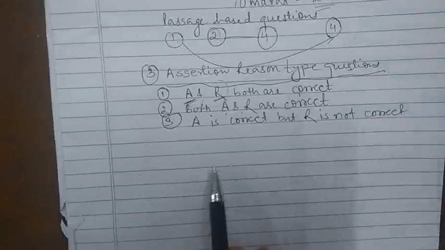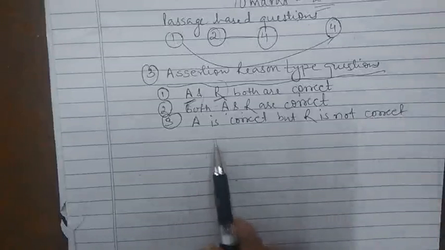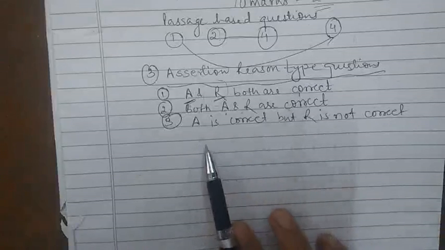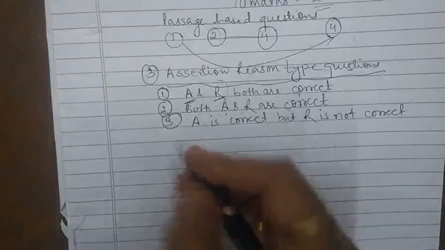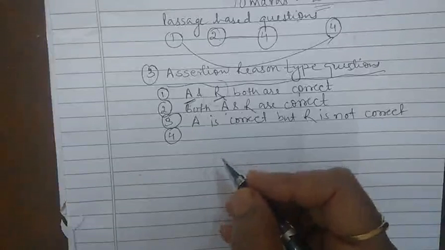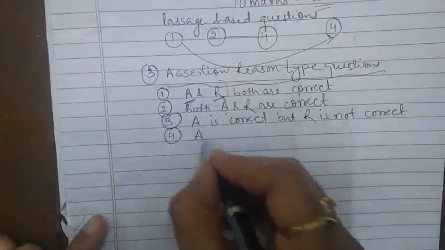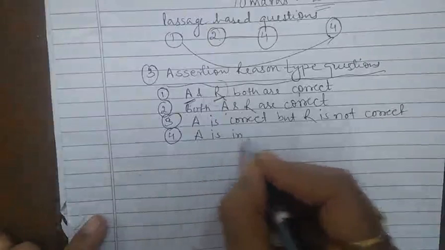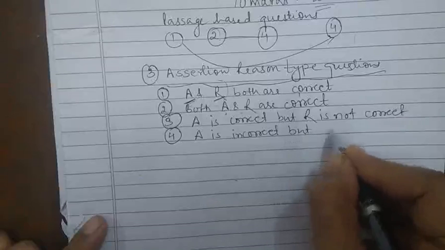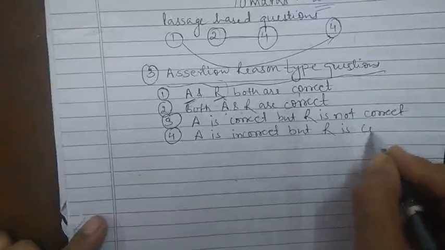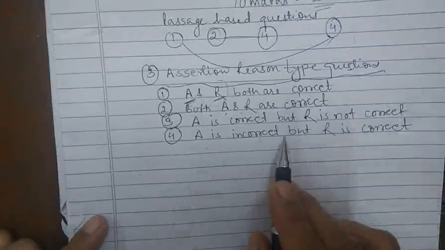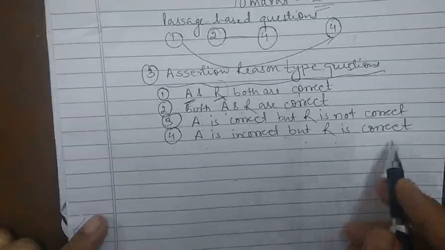It means the statement is correct, but the reason given for that statement is not correct. Now the fourth point is: assertion is incorrect, but reason is correct.